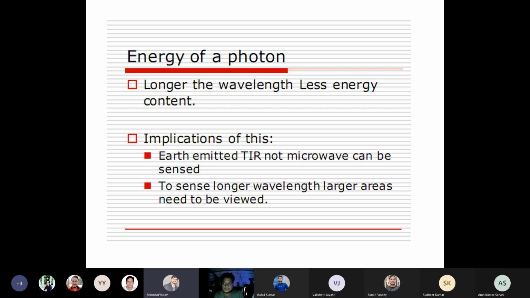Spatial coverage and coverage within the wavelength, these two are different parameters. First one is the spatial coverage of the sensor: on the ground, what is the smallest ground area element that is sensed? And what is the bandwidth of the spectral band within which it is sensed?